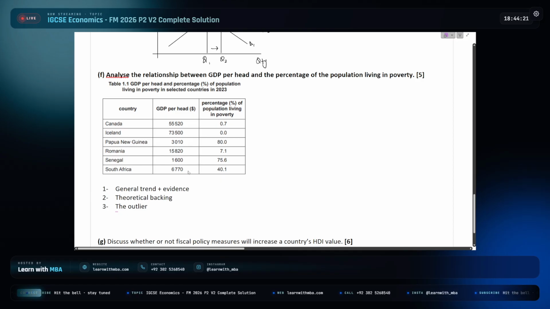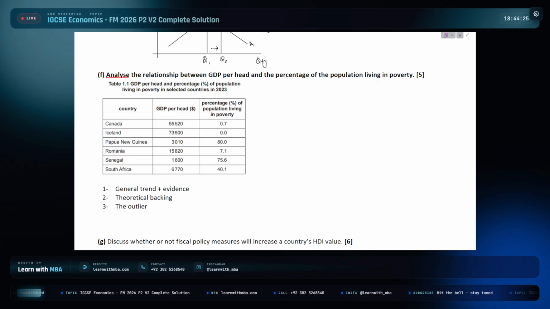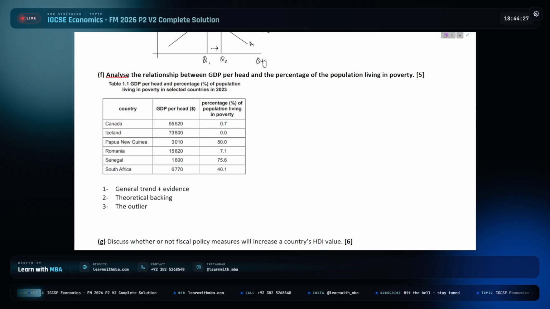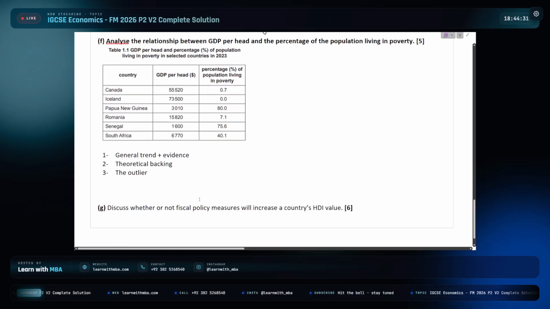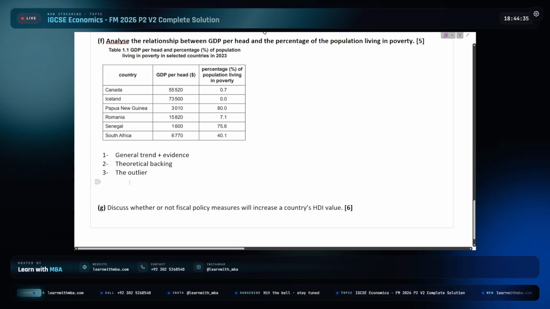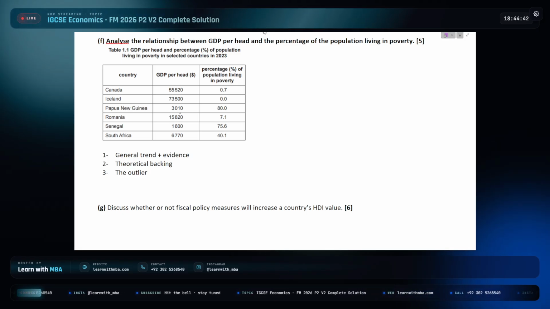Outlier means the country or the data point that does not follow this trend, right? So what we're going to do is, we'll say that the general trend is that we can see as the GDP per capita rises, we can see that percentage of people living in poverty.